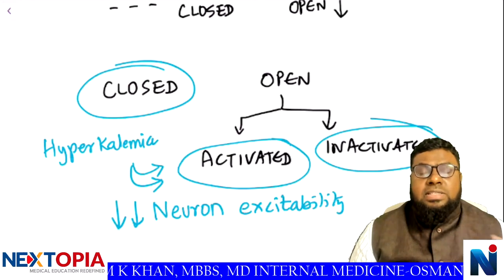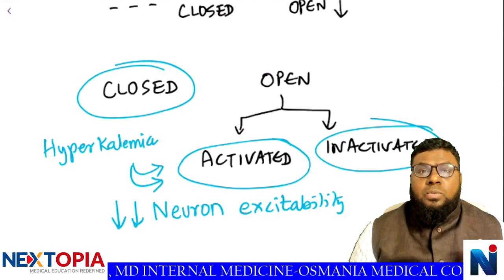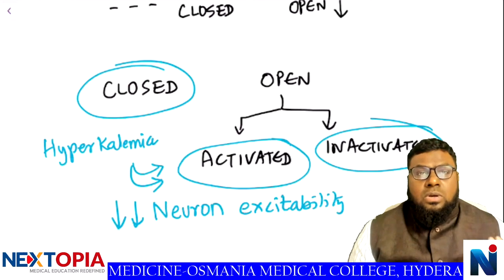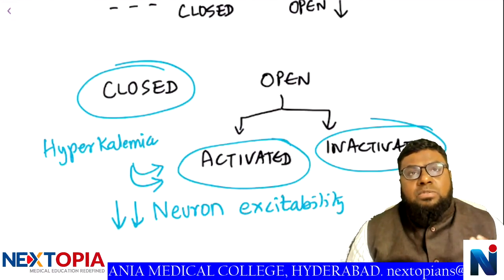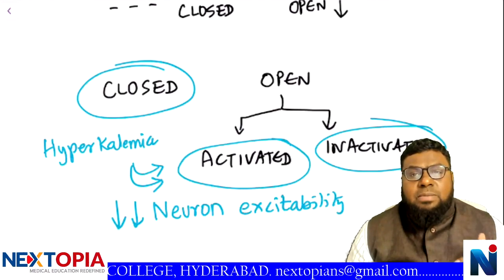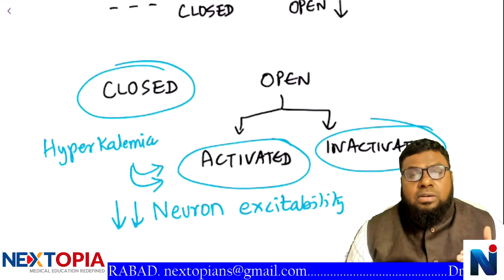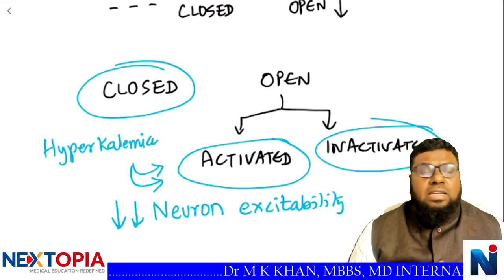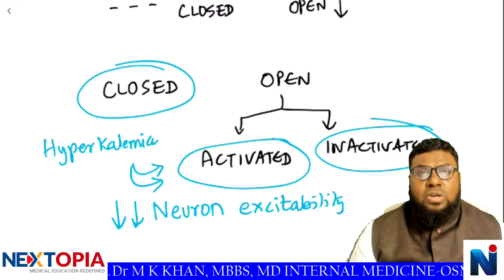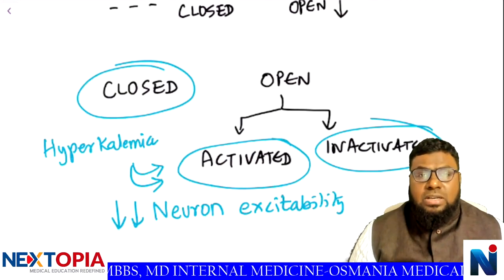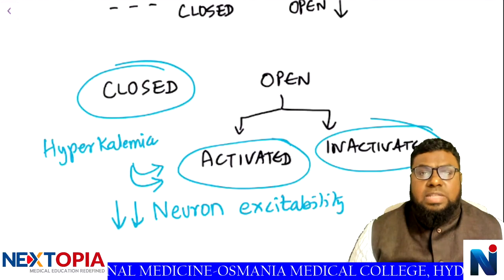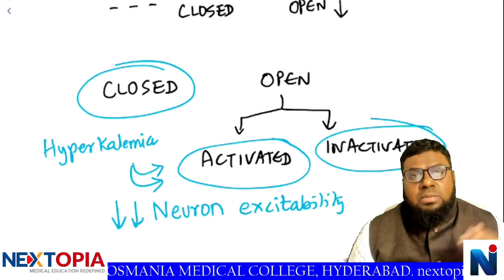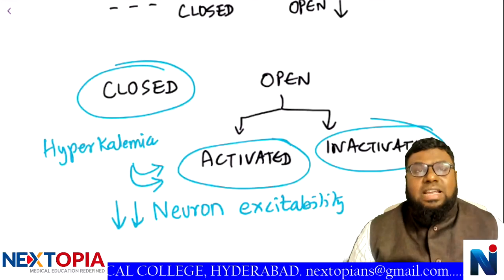Once the gate is open, as the membrane potential becomes more positive, at one point the membrane potential reaches saturation. Saturation means no further exchange of ions is possible because of the change in the voltage difference. Once the cell reaches the maximum limit of depolarization, repolarization starts.